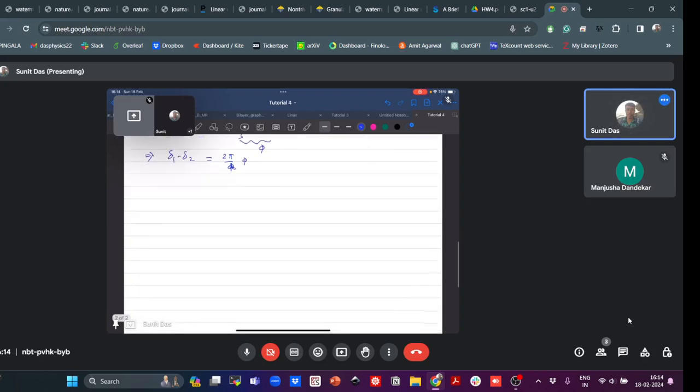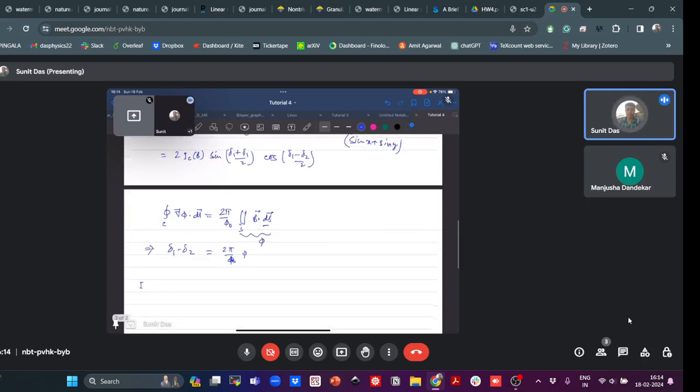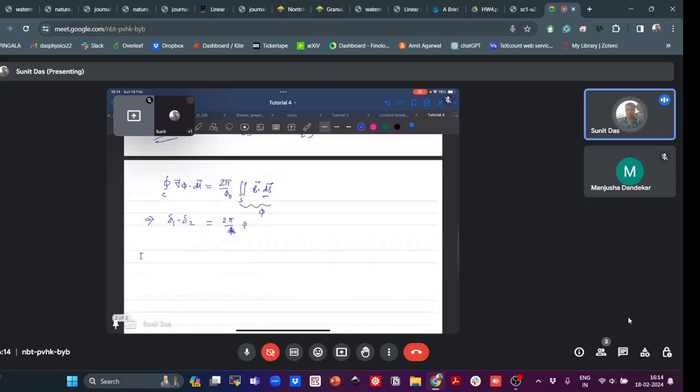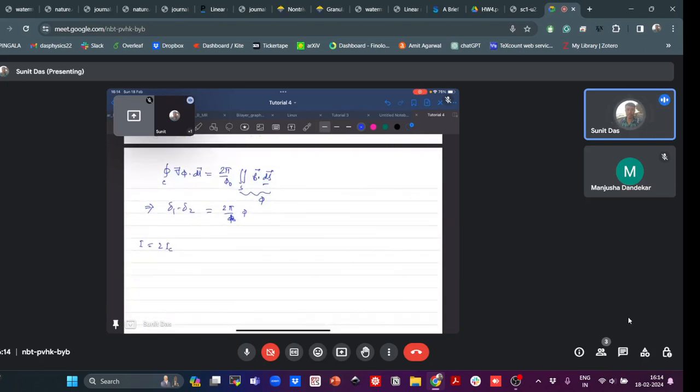So if we plug that in this equation, then we will have 2 IC of B times sine delta average, where delta average is delta 1 plus delta 2 by 2, and then cos of 2 pi phi by phi naught by 2.